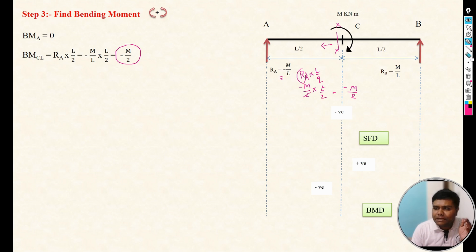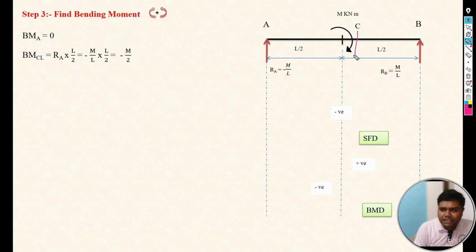Now similarly we can calculate the moment at C right. If you take a section on the right part of the C point, and focus on the left, we can see the RA force is there and the moment M is also there.